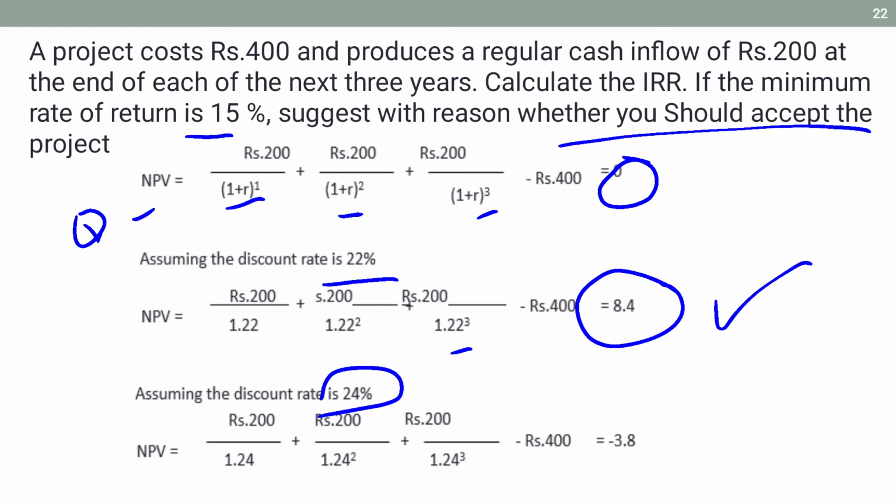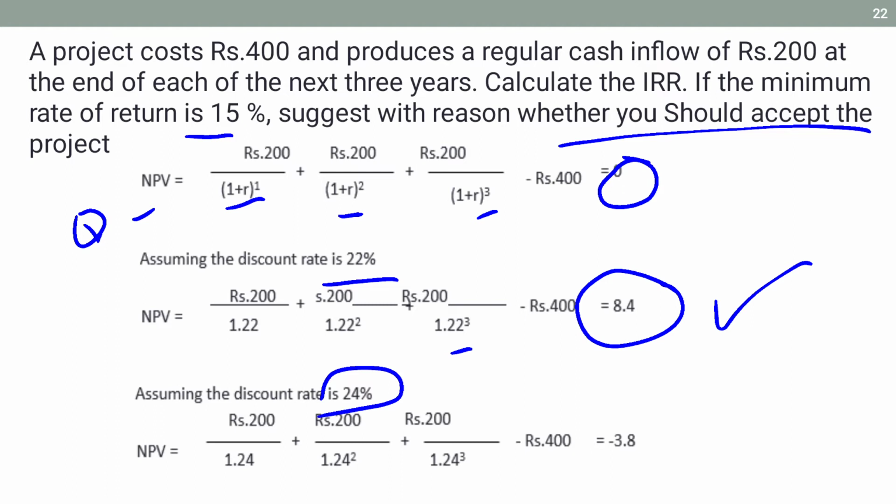You can infer when we are increasing the R value, that is we applied 0.22, meaning 22%, when we increase that, you can end up with a minus value, right?